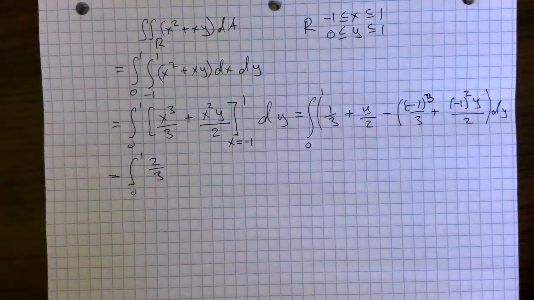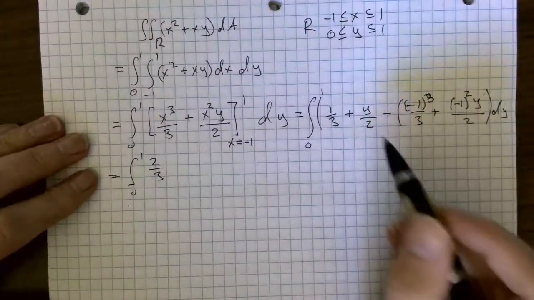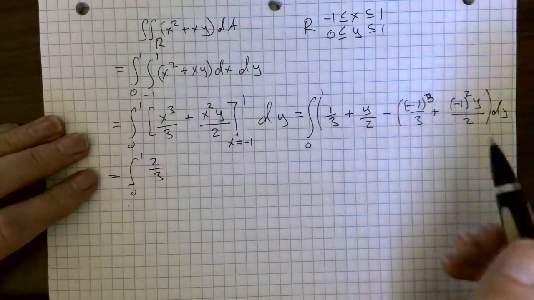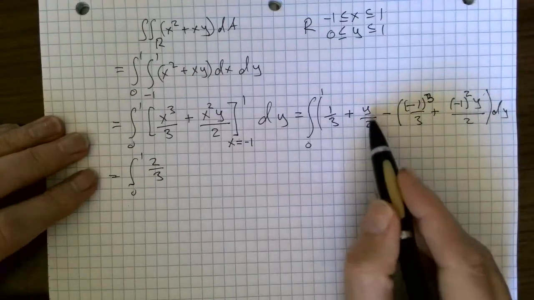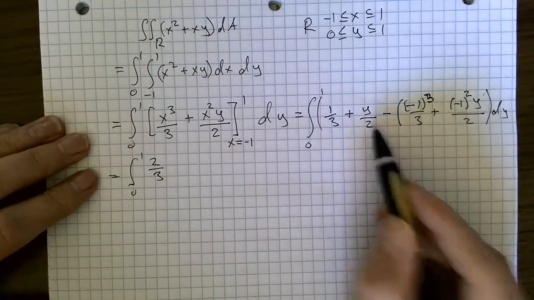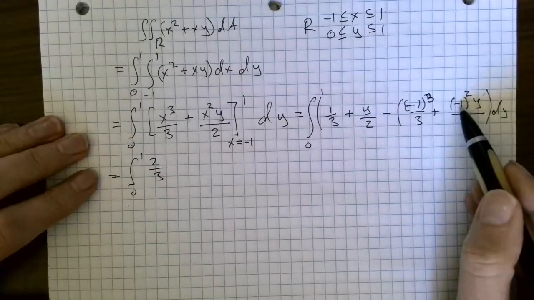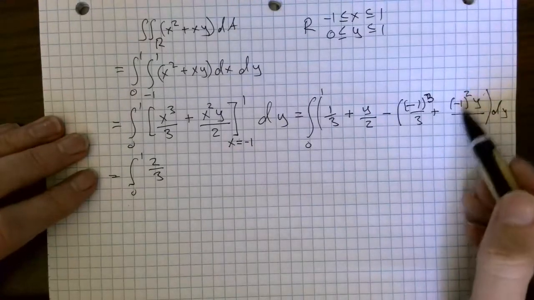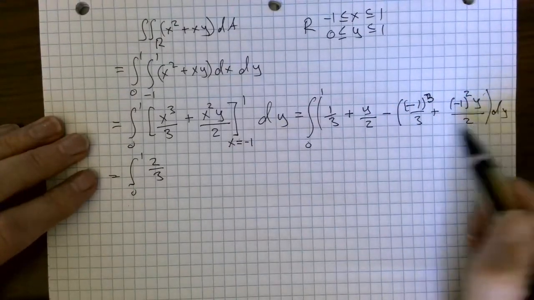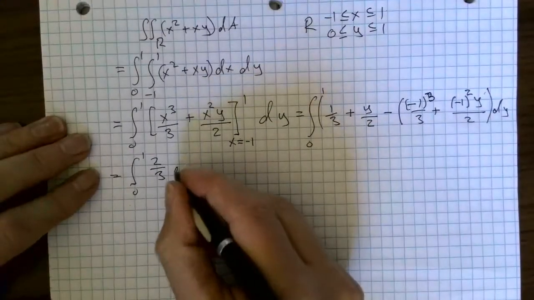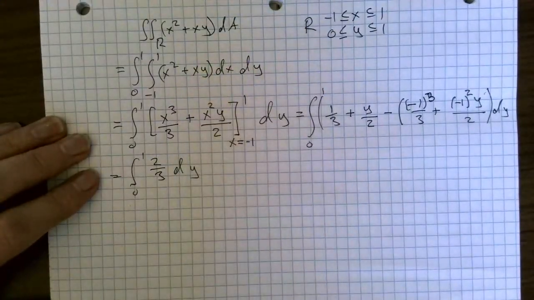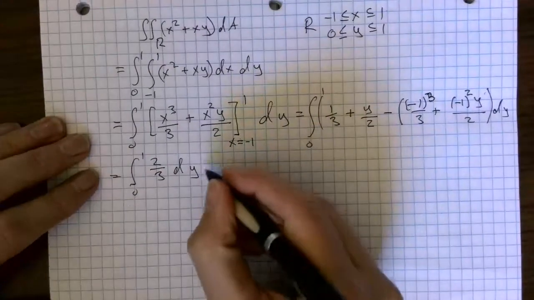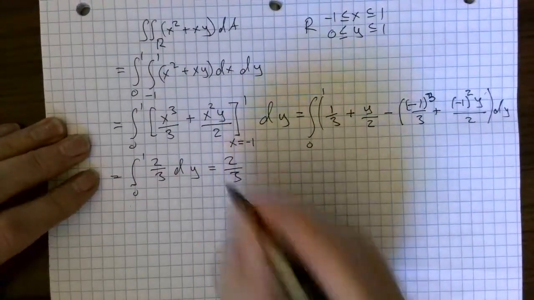And from the other part, I have y over 2, and then minus -1 squared, that's just 1, so I have minus y over 2. So that's just not there. I'm just integrating 2/3 from 0 to 1, and that's 2/3.